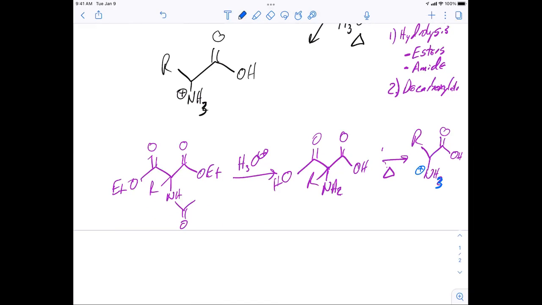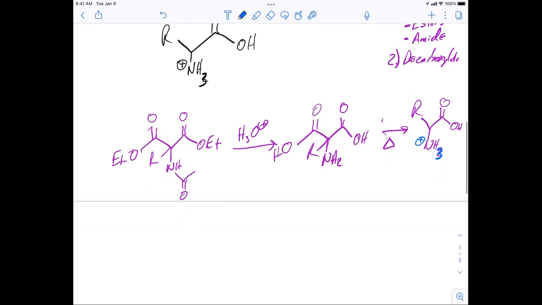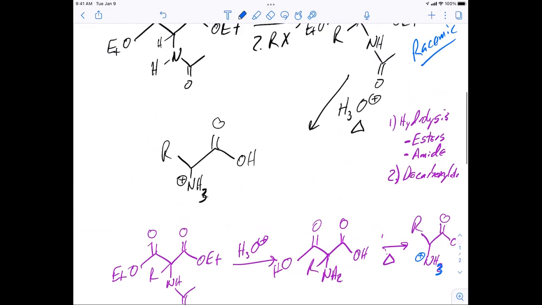You'll see in the book that it'll show it with just the NH2, but under strong conditions, you would end up with the protonated nitrogen, and then you'd have to neutralize it to get it to the neutral form. But yeah, that was inconsistent. Thanks for catching it. Okay.